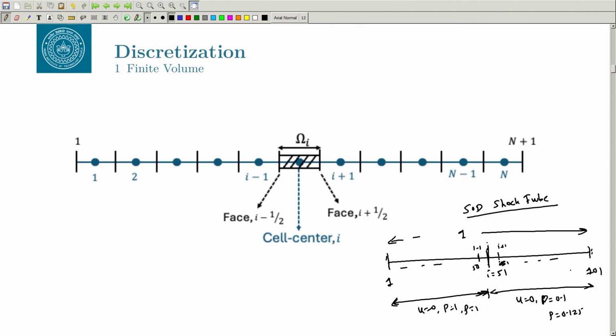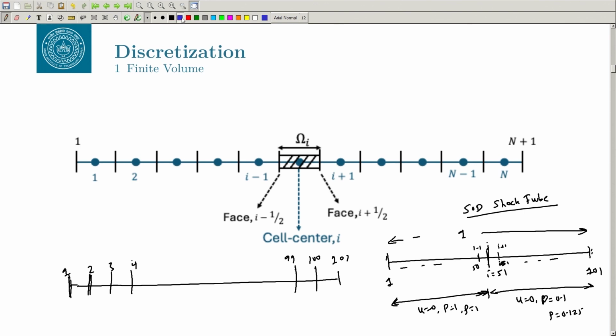may have 101 points, but in all these 101 points, okay, so this is 2, this is 3, this is 4, this is 100, this is 99. So, you will start creating cell centers, between the two edges or two faces, if I can call it here.